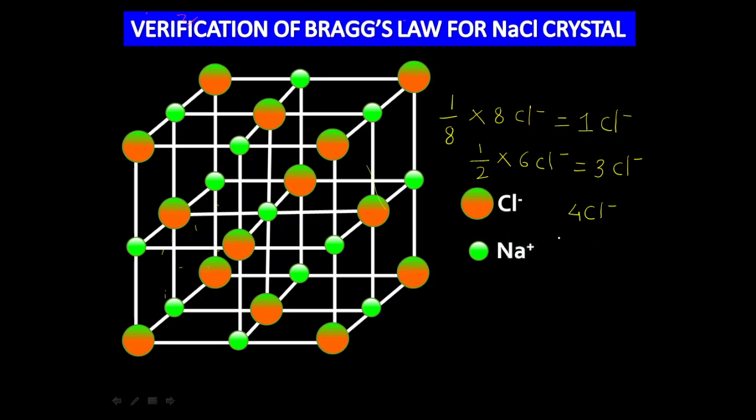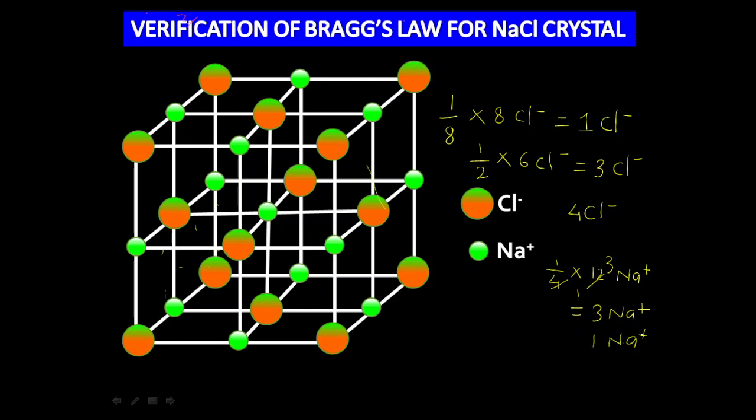The contribution of an edge is 1 by 4, and there are 12 Na+ ions at the edge centers, so there will be 3 Na+ ions. And don't forget 1 Na+ ion present at the center of the large cube, that is body centered, so its contribution is 1 Na.